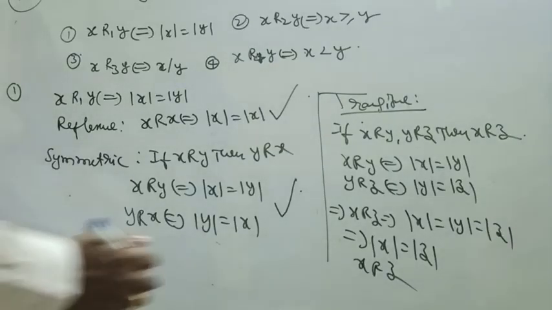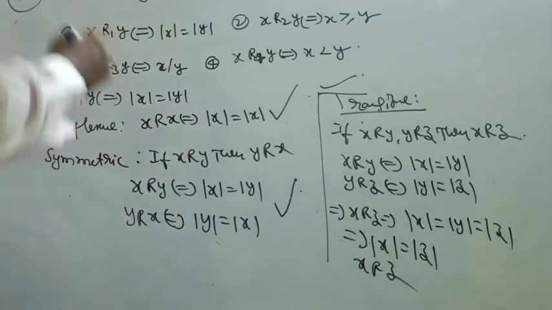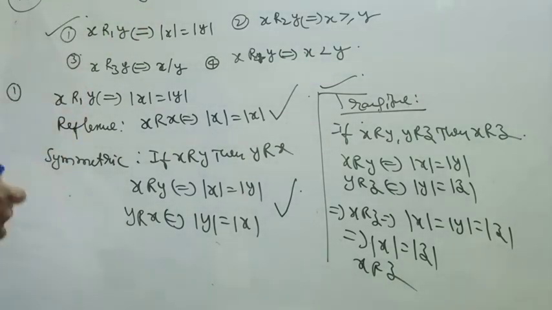That means X is related to Z. That means it is transitive. Therefore, the first option itself is correct. It is an equivalence relation.